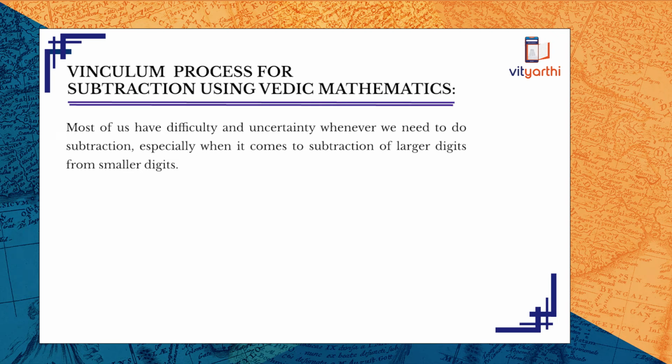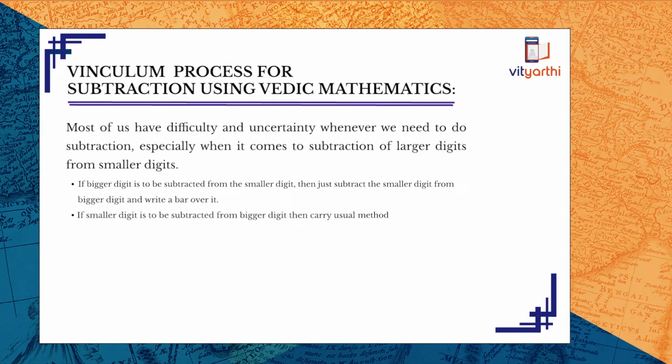What can we do in this case? We just subtract the smaller digit from the bigger digit and write a bar over it. If the smaller digit is to be subtracted from the bigger digit, then carry on the usual method. In the final answer, convert the vinculum number to a normal number using the vinculum process.